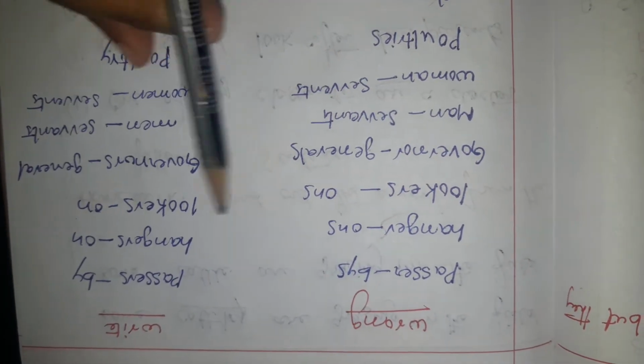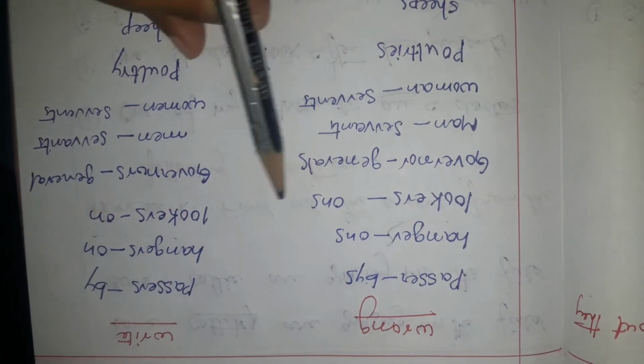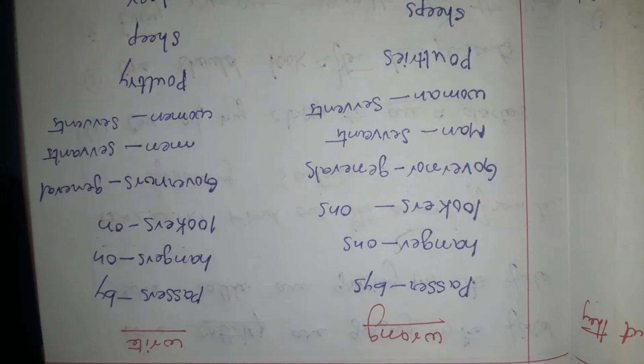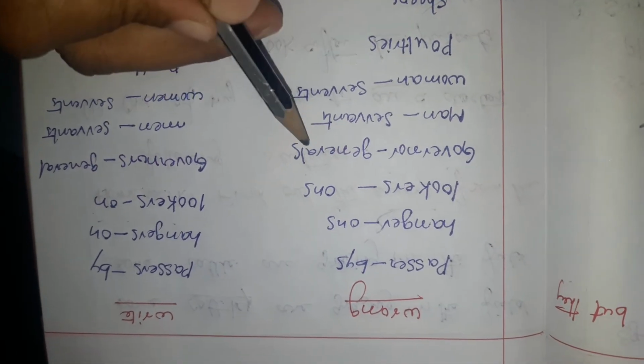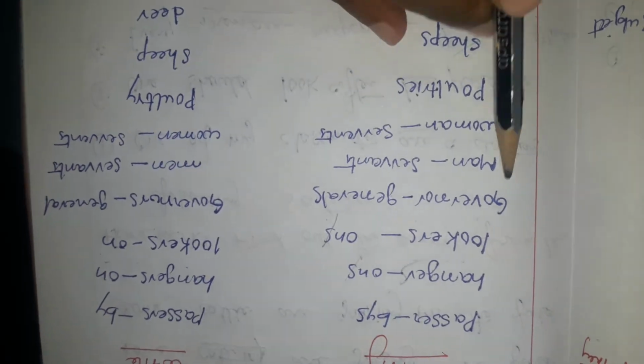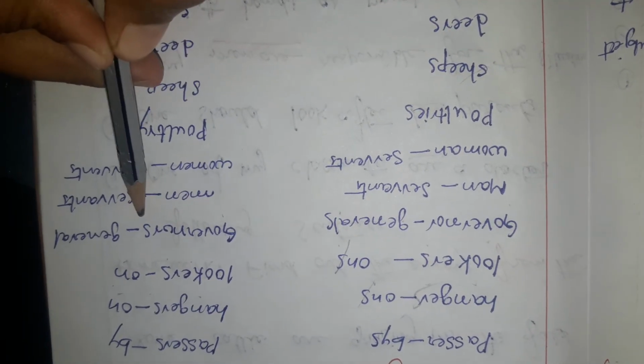It is hangers-on. Lookers-on is the right form. Governor-generals is wrong. It's governors-general. Okay. Next.